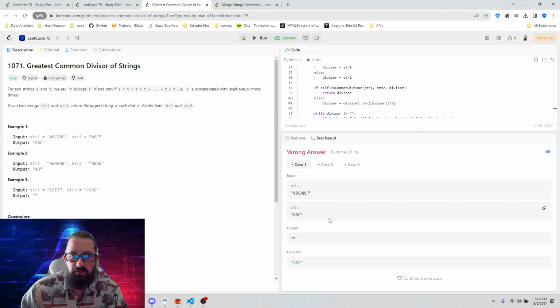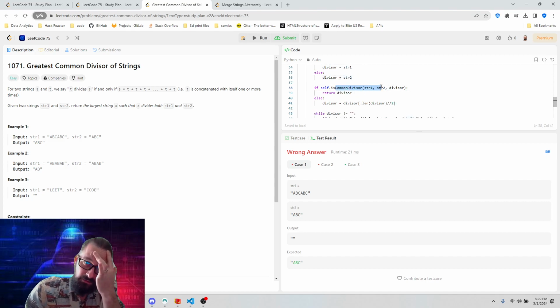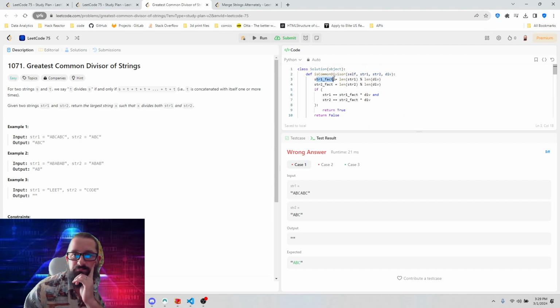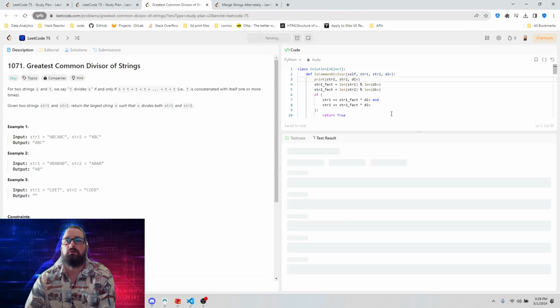Running, wrong answer. I did not find ABC. Why did I not? So ABC should have given me divisor because it's the shorter of the two strings. And then is common divisor should have found ABC. Print string 1, string 2, and div. What did we find?